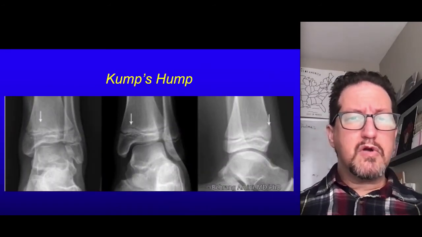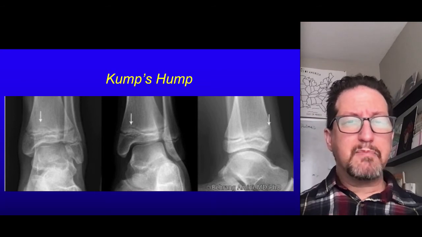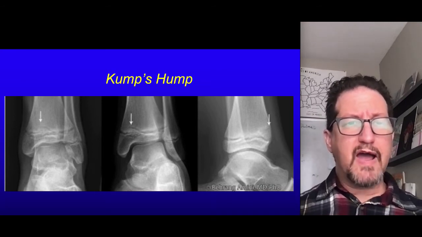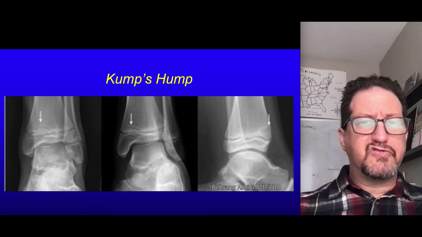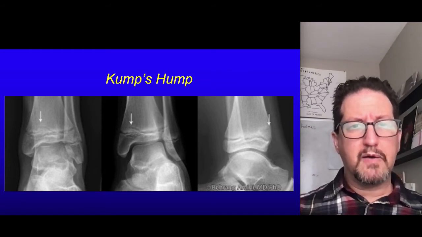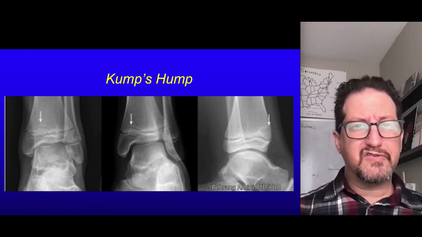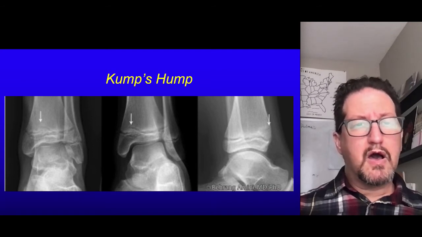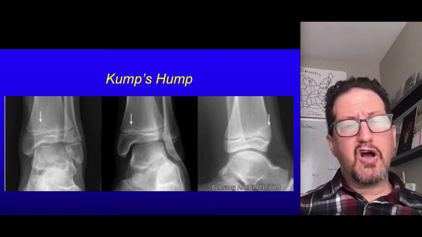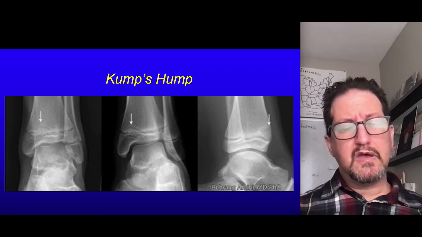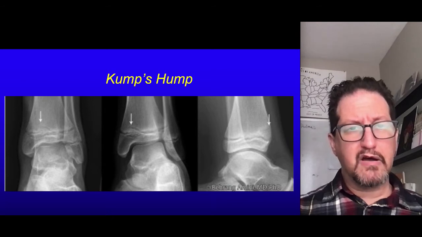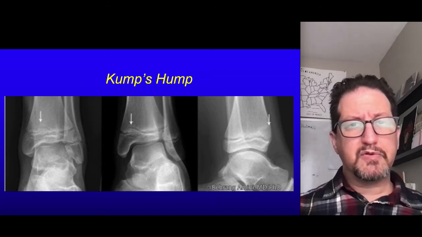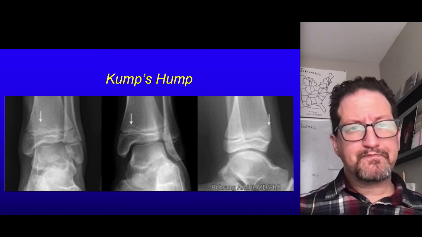And then there's another normal finding that may be interpreted as a fracture of a growth plate. This is called Kump's hump or Kump's bump. This is named after the doctor who first characterized this in the 1960s. His name was Kump. And what this is, is an undulation of the anteromedial aspect of the growth plate, the physeal plate, at the distal tibia.